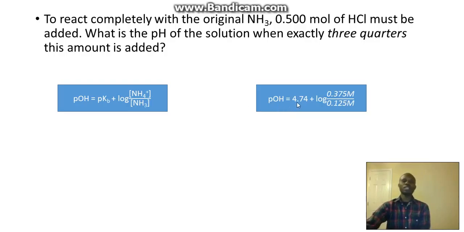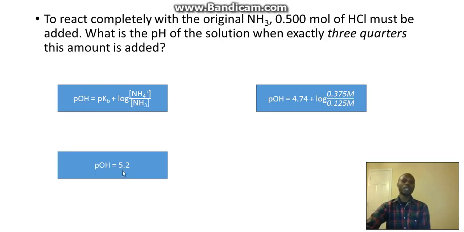So the pKb of this we know is 4.74, and then the amount of NH4+ we know is 0.375 molar. The amount of this we know is 0.125 molar. So it's just a matter of plugging in the numbers, and then we get the pOH is equal to 5.2, indicating that this is actually a base.